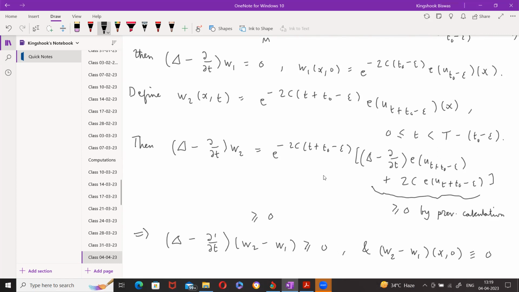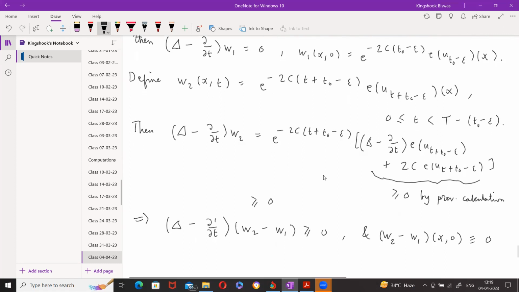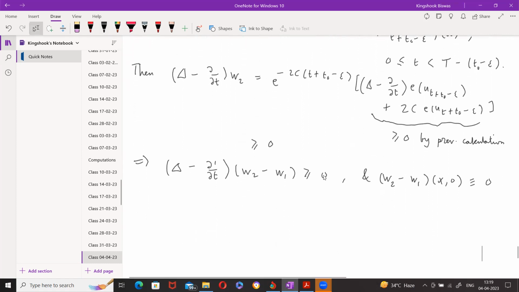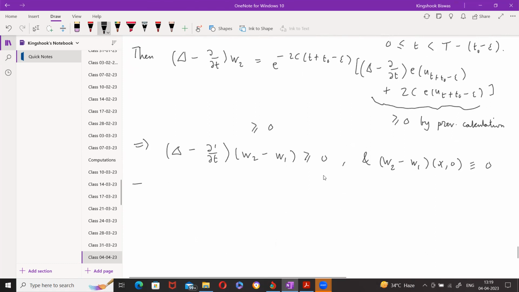Right. When I put t equal to 0, this W2 of x comma 0 will be the same as W1 of x comma 0, right? Okay. So this implies by the maximum principle that W2 minus W1 is going to be less than or equal to 0.